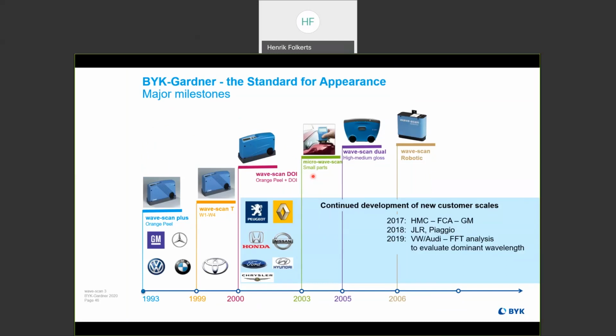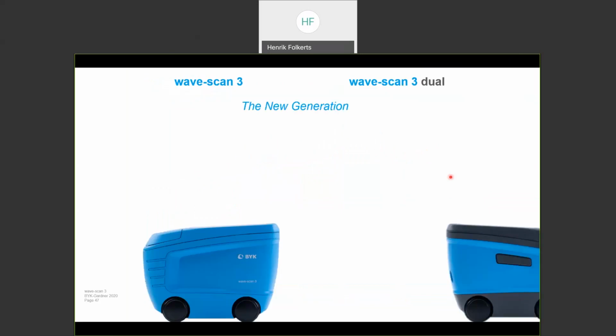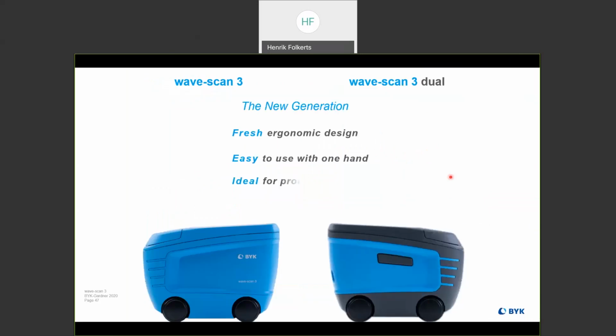When we look at the different steps from the Wavescan Plus to the Wavescan DOI, microwave scan, even to the robotic systems and the different scales which we continuously develop with our users in the market, we have now this year a new generation, the Wavescan 3, which comes in a new and very fresh ergonomic design, easy to use with one hand, which you can use ideally not only in the laboratory, but also in the production and in the field outside.